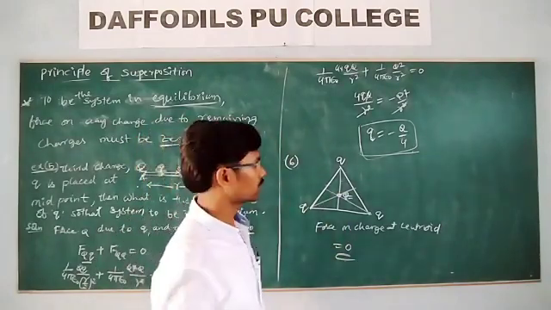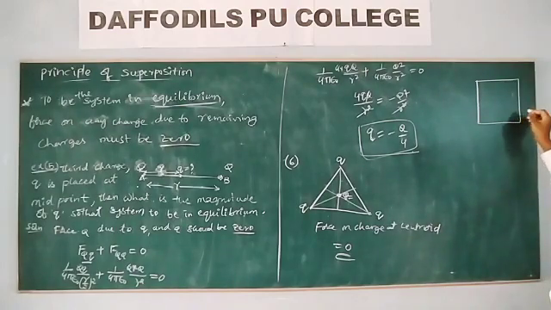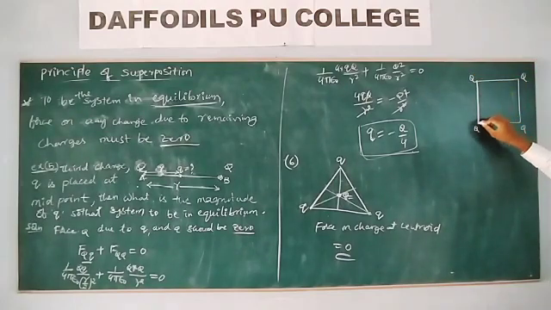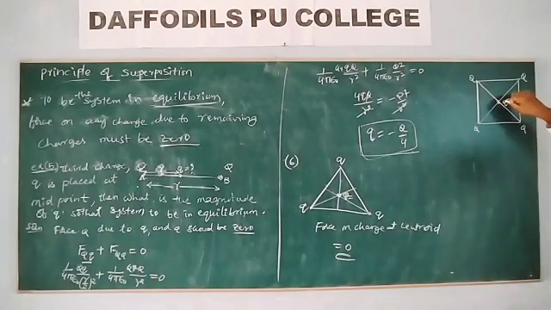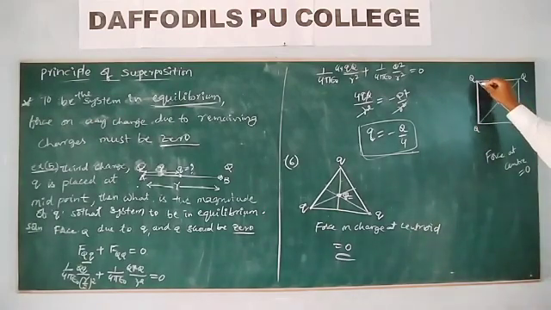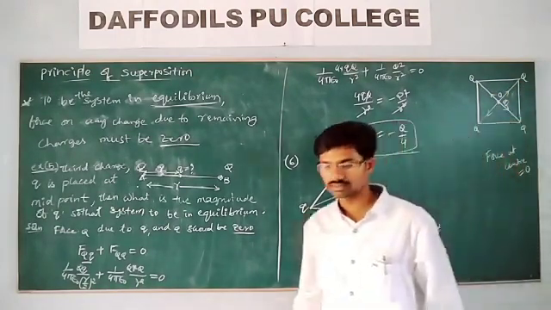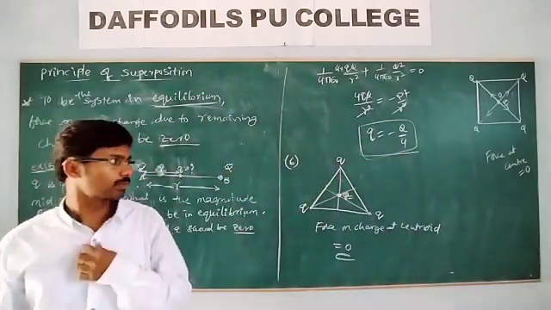Any charge you take, you can try, but identical charges should be taken. Here you take any charge, whether it is positive or negative, the force at O due to the others is equal to 0. Why is it 0? The force on this charge due to this one on this side and due to this one on this side results in zero force. Okay, try to do it yourself. Now let me discuss one more example.